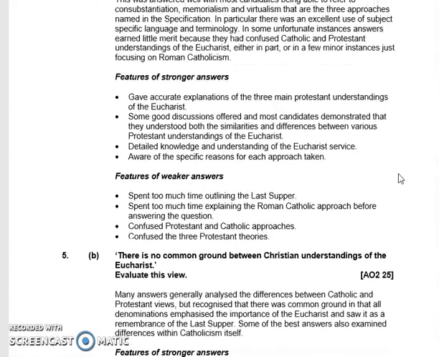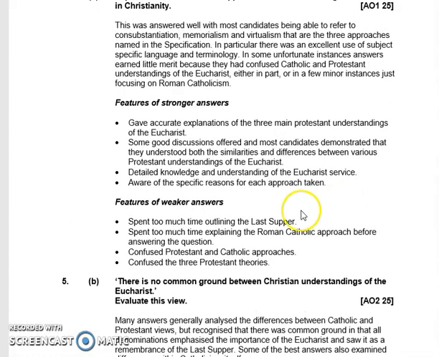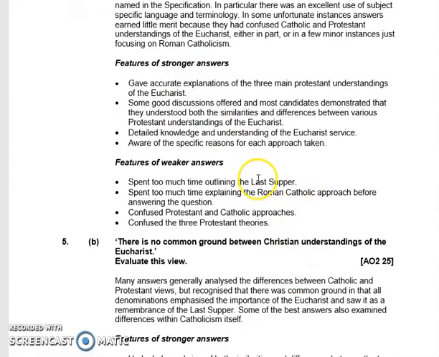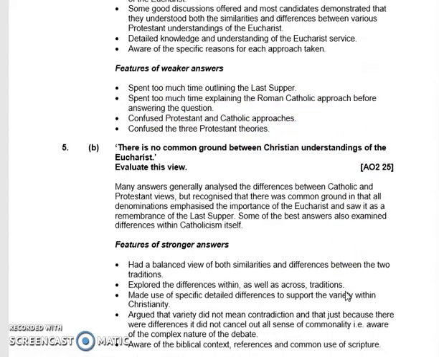And so it talks about features of stronger answers, so detailed knowledge, accurate explanations. Weaker answers spend too long outlining the Last Supper, and confused Protestant and Catholic approaches.